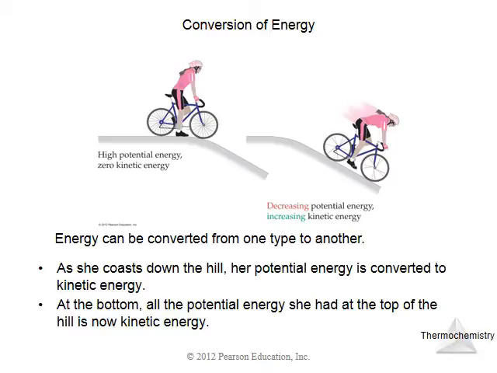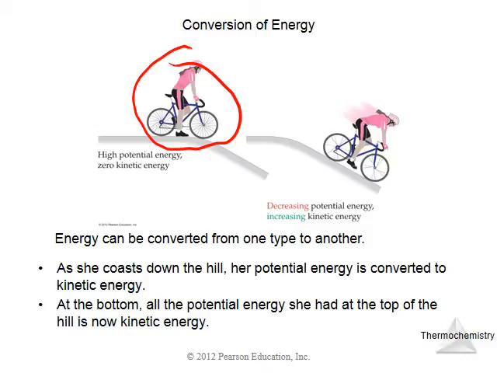Conversion of energy. Energy can be converted from one form to another. For example, this person at the top of the hill has a high potential energy, and there is no kinetic energy at this point. But when she comes down, potential energy is converted into kinetic energy.